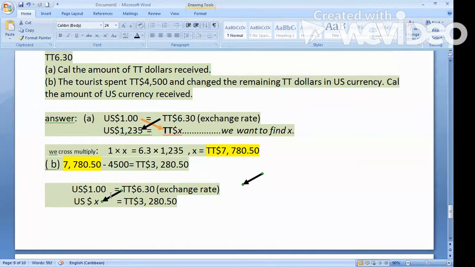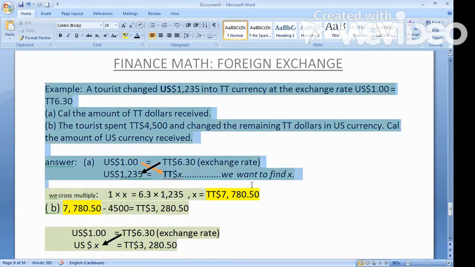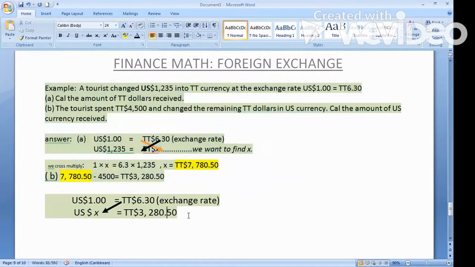So it's going to be 6.3 times X. No, 6.3 times X is just what? 6.3X.